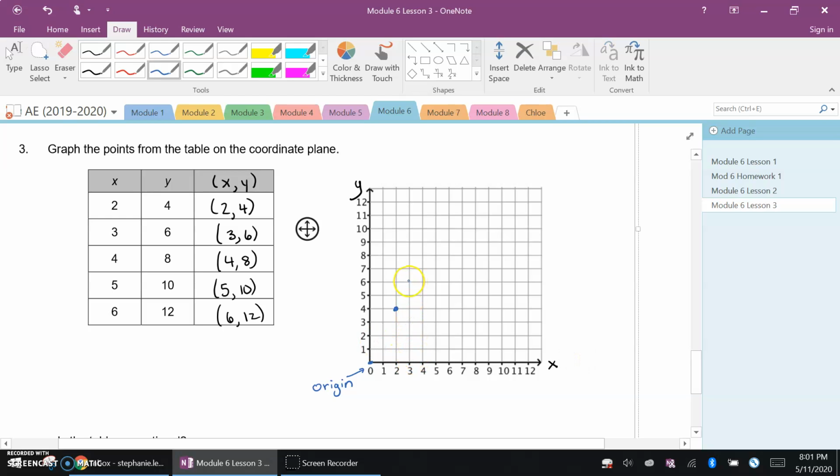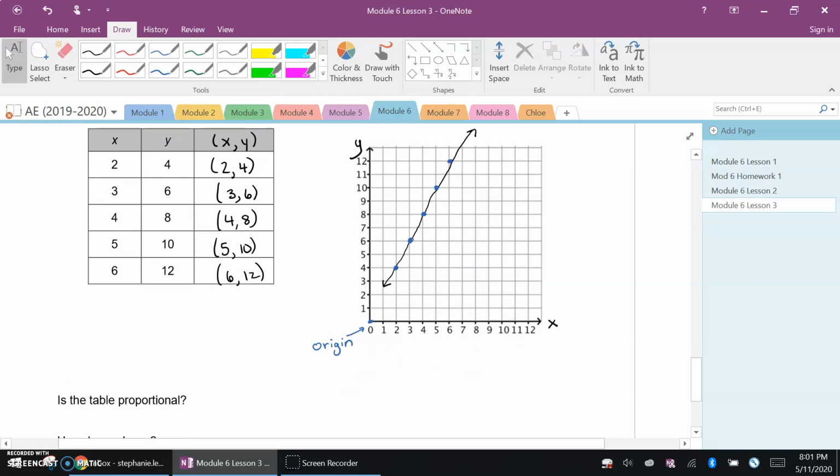So then we have over 3 and up 6, over 4 and up 8, over 5 and up 10, and over 6 and up 12. If I didn't have a touch screen, I would go ahead and use a ruler. I can't really do that here because the computer does not like it.